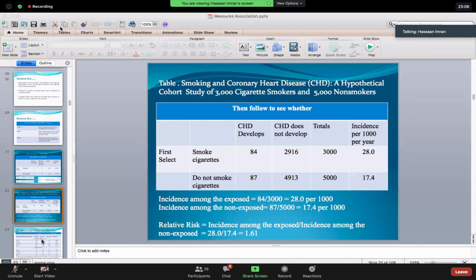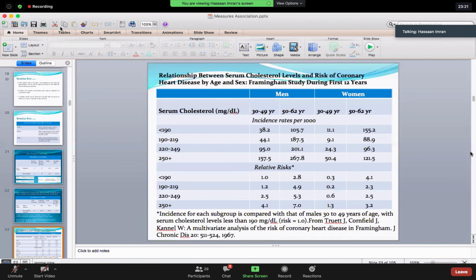These risk ratios and relative risks help us a lot. The way we saw in our foodborne illness example, what was the most important food item responsible for causing that particular outbreak. Similarly, look at this diagram. I told you that we have a very famous cohort study, the Framingham Heart Study, which started in Massachusetts near Boston.